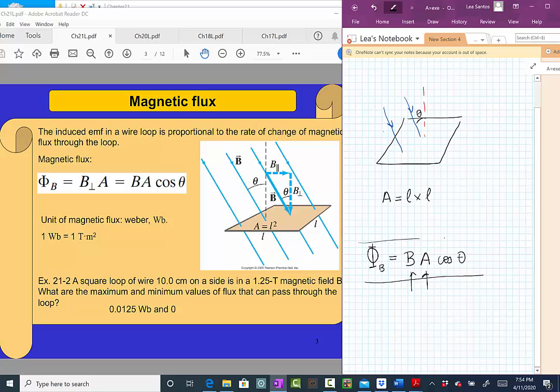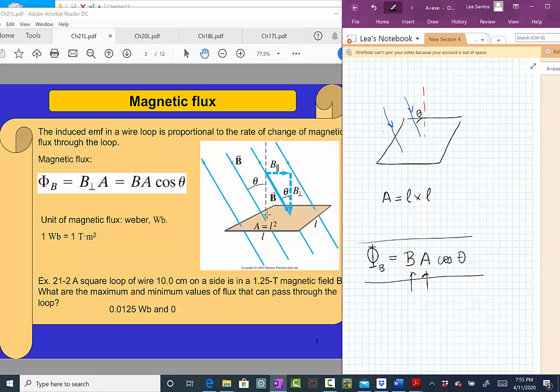Again, I repeat, what is that angle? That angle is the angle between the direction of the magnetic field that is crossing the area of this wire, and the direction that is perpendicular to this area. What is the unit that we are going to use?